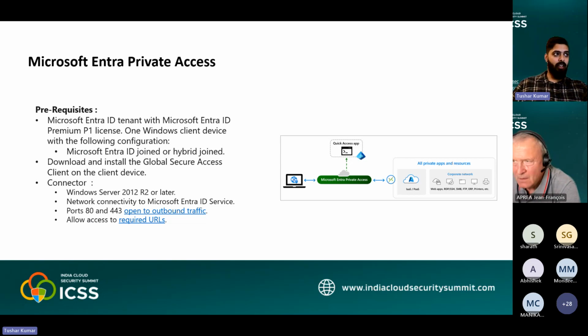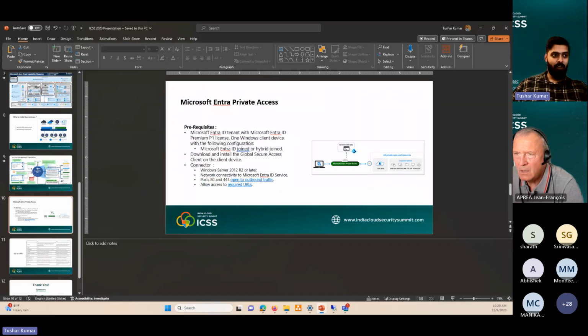Just Google Entra Private Access and you'll see all the prerequisites. It's basically more around the licensing and the deployment. The way the deployment works is the same as we used to do in App Proxy.